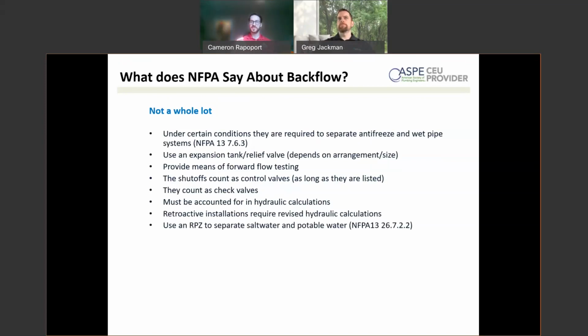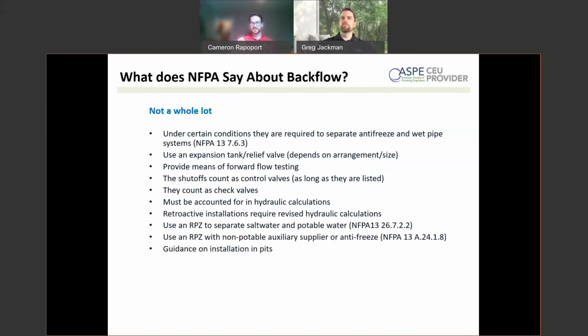Right, using an RPZ to separate salt water and potable water, exactly like that example we had. You want to use an RPZ with non-potable auxiliary supplies or with antifreeze. Again, we talked about that if you have some sort of reservoir you're drawing from or a non-potable tank.